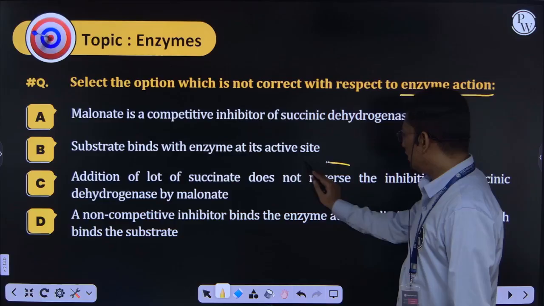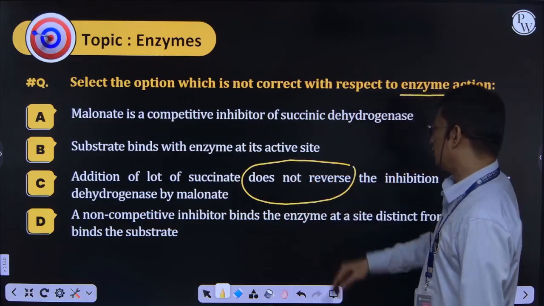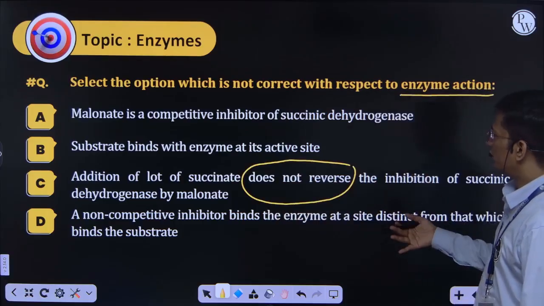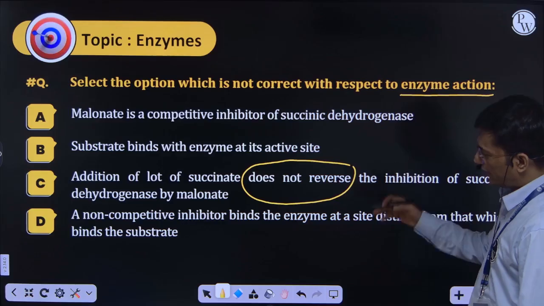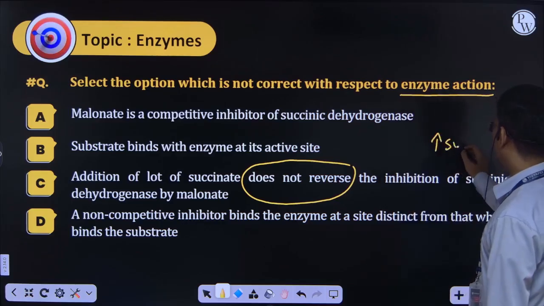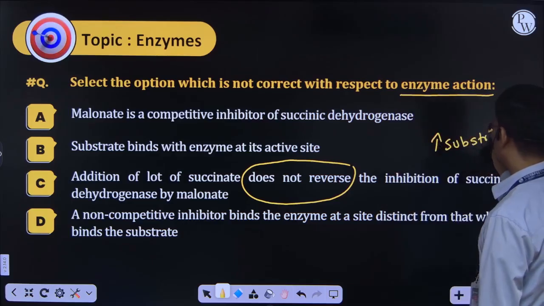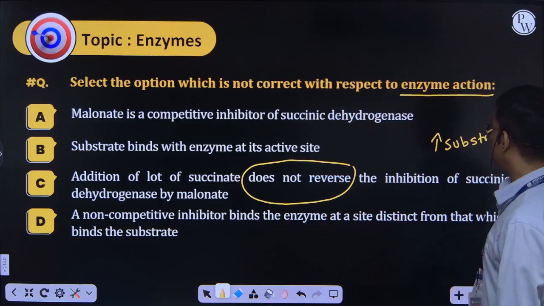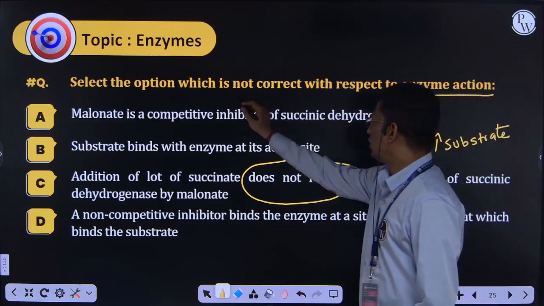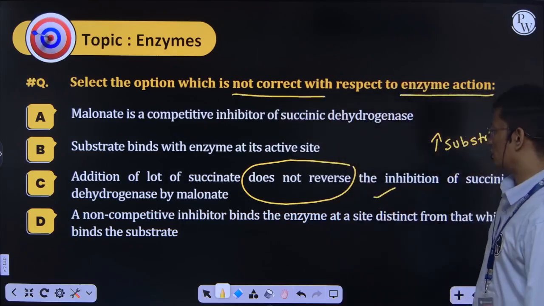Here it will reverse the inhibition, because we are diluting the presence of inhibitor by adding more succinate. So more substrate is added, diluting the inhibitor. Clear? So it can reverse the inhibition by adding more substrate. So this is the not correct one.